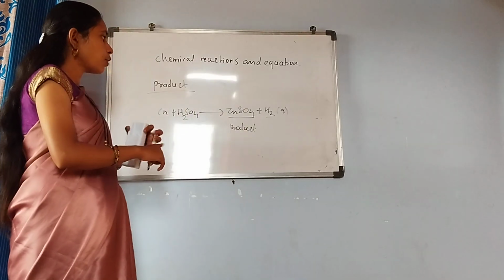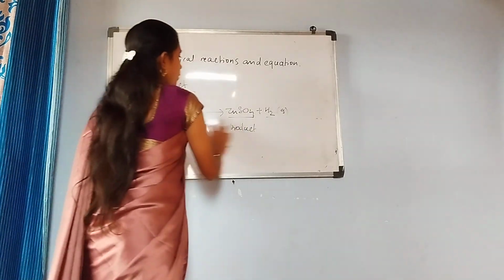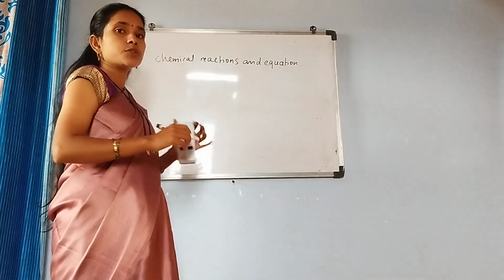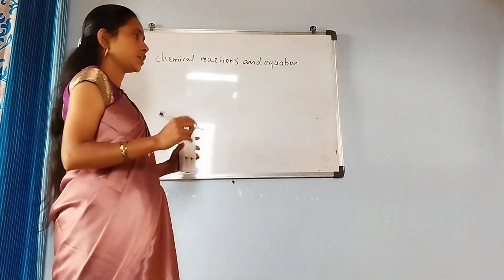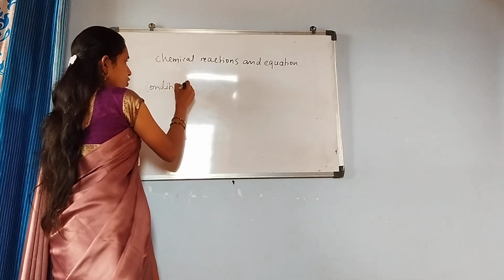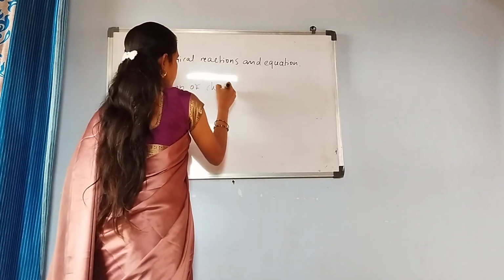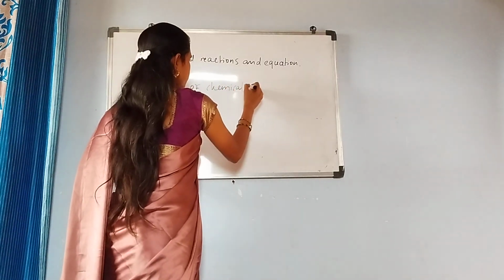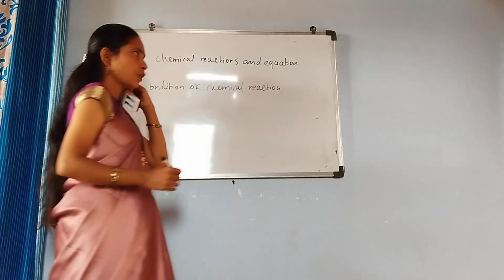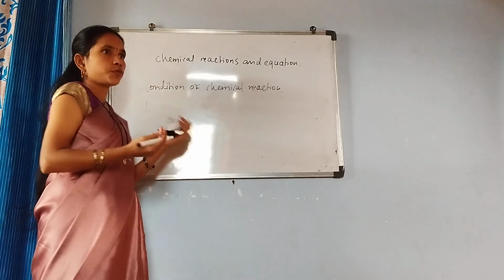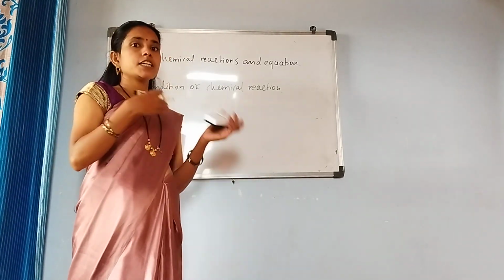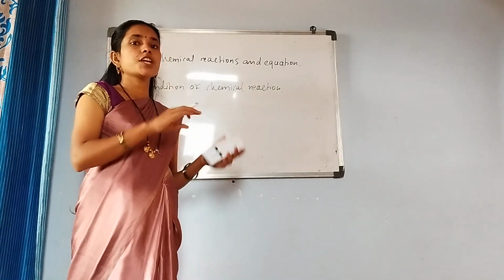So now I will discuss word equations and the conditions of chemical reactions. First we have to discuss the conditions of chemical reactions. What are the conditions? First of all, any substance which is solid and gets converted into liquid, that we call a change in state.